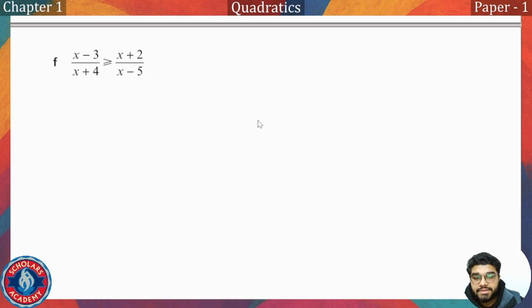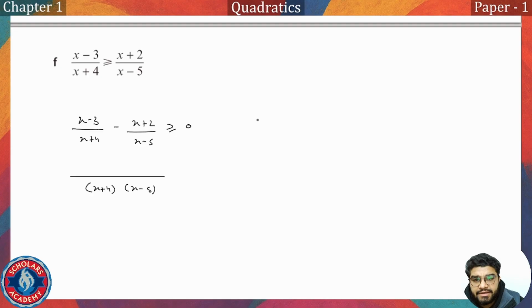Alright, this question. First of all, let's simplify it. (x - 3)/(x + 4) - (x + 2)/(x - 5) is greater than or equal to 0. Let's take the LCM over here: (x - 3)(x - 5) - (x + 2)(x + 4), all over (x + 4)(x - 5), is greater than or equal to 0.